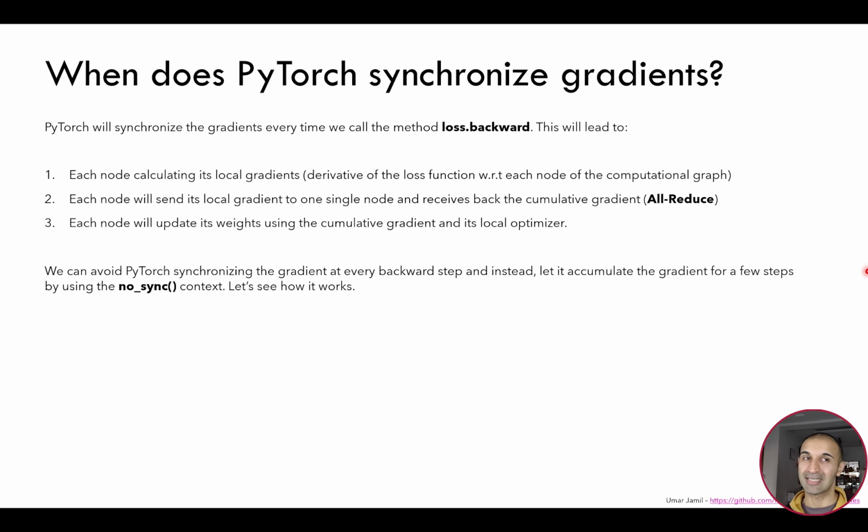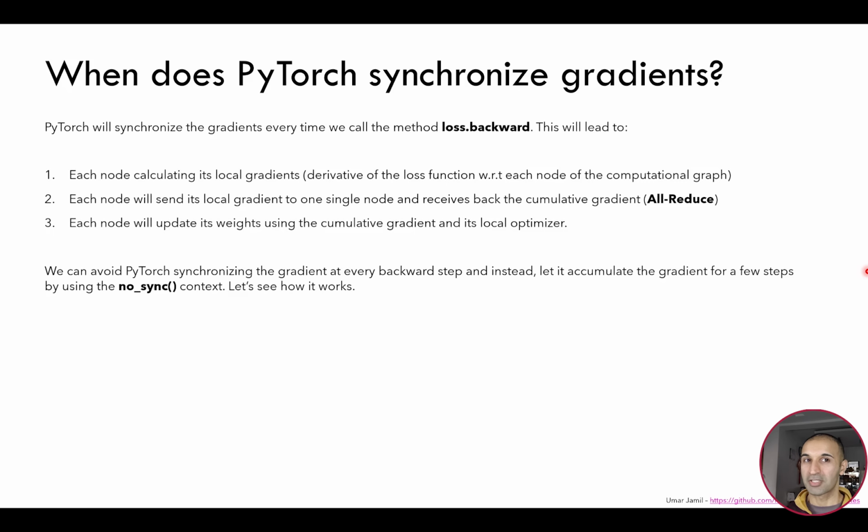Each node sends its local gradient to a central node, which is the global rank number 0, and receives back the cumulative gradient through an operation called all-reduce. Each node will then update its weights, so the parameters of the model, using the cumulative gradient and, of course, the learning rate of the local optimizer.